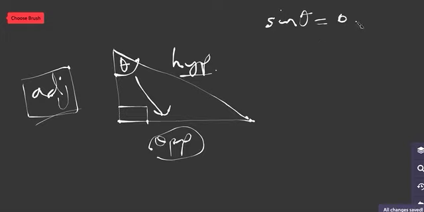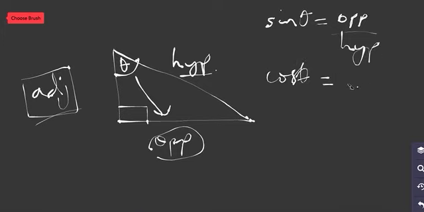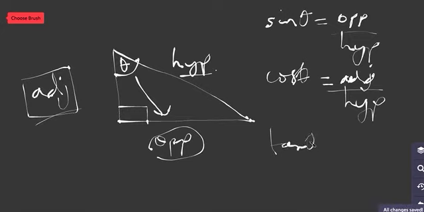Sine of theta is always opposite over hypotenuse. Cos of theta, which is cap, is adjacent over hypotenuse, and tan of theta becomes opposite over adjacent.